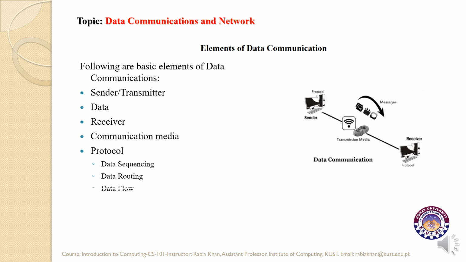Another important function is data flow. All computers are not efficient in terms of speed, so data flow is the process that controls data transmission properly if the sender computer is faster than the receiver computer. So data flow controls the transmission of data between two devices. Another function is encoding.